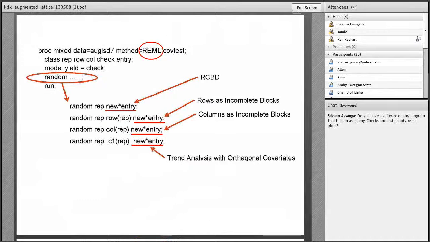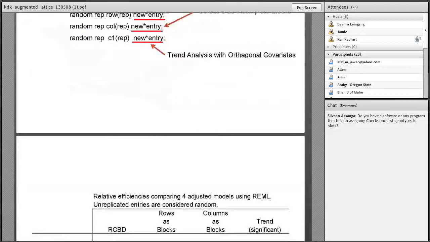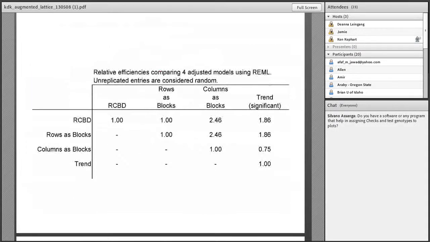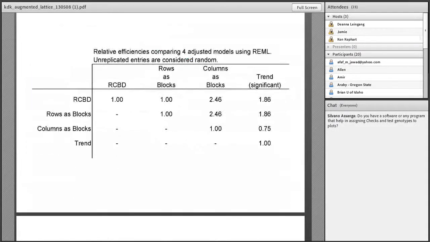As it turns out, I had to run this through 2 iterations by removing these 3 here: the linear effect of rep, the combination of rows and columns, and the quadratic effect of columns.